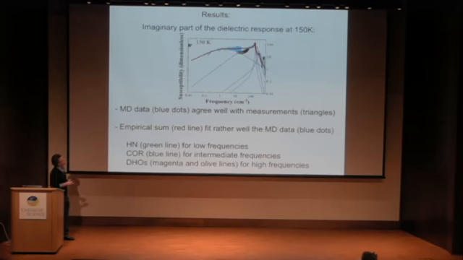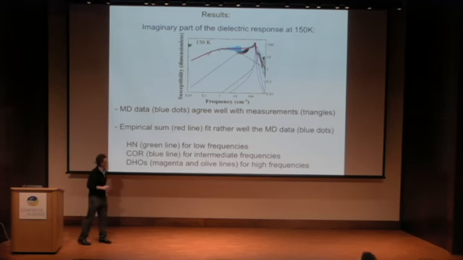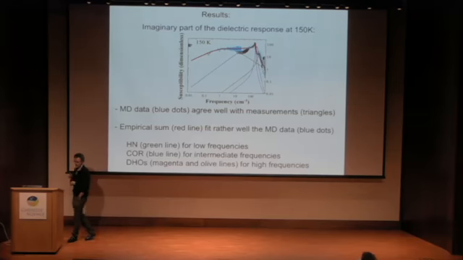Okay, let's look at how it looks. So this is basically the imaginary part of the dielectric response at 150 Kelvin versus frequency. These blue dots here that are moving quite a lot are the MD data. And the triangles and the black lines are basically experimental results.